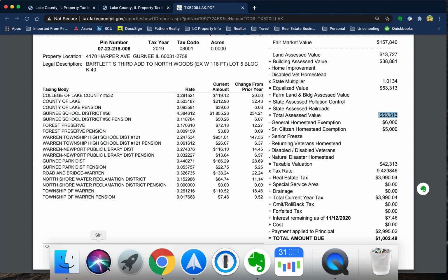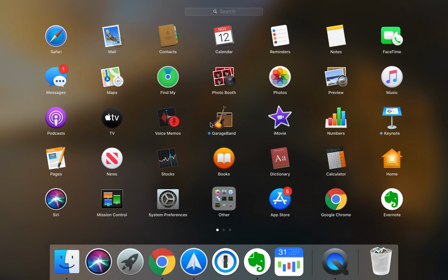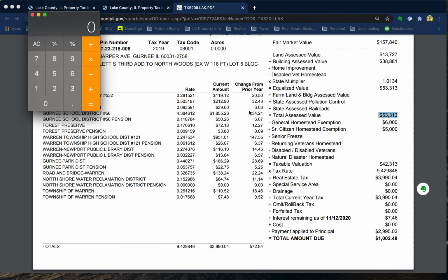So I'll pull up my calculator here, and let's type in what we've got here. 53,313, and I'm only going to subtract 6,000.